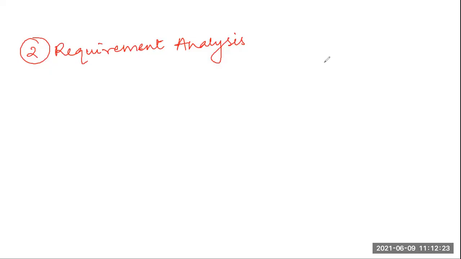Each stakeholder can only give a partial and incomplete view of the software. So it is the analyst's duty to study all the gathered data and weed out all the problems and issues in the gathered requirements.